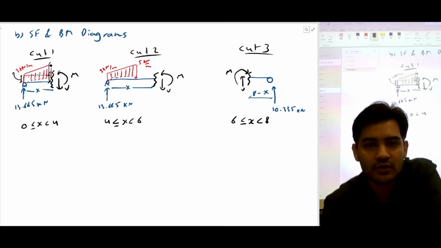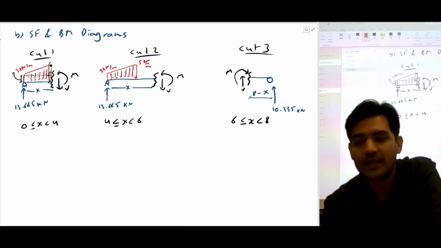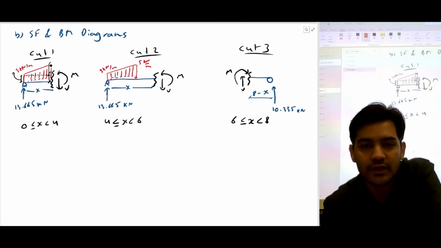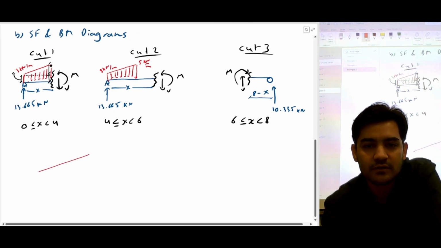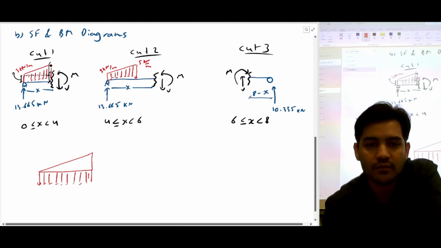So I'm going to draw the complete trapezoidal loading condition which we have. I'm just drawing the loads we had, and we'll figure out the distances.